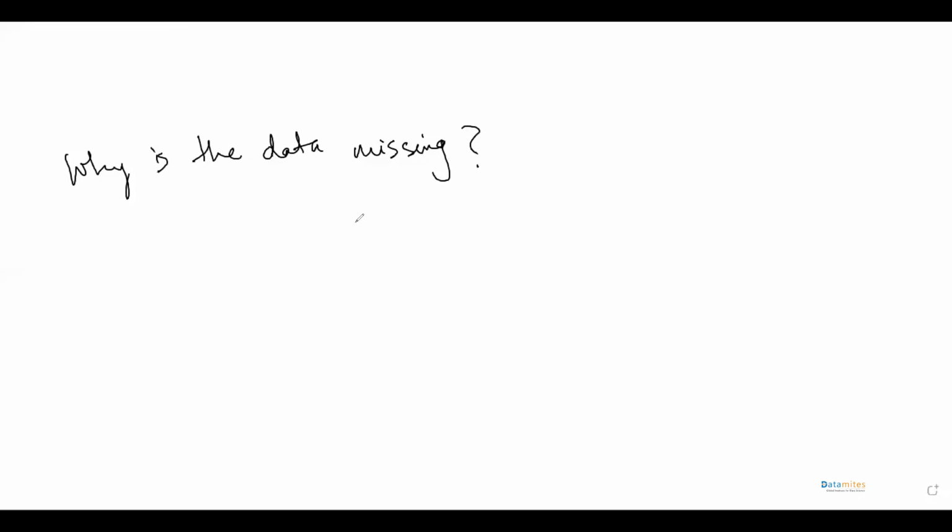It also allows us to take different steps to regulate that source and reduce the amount of missing data as the data collection progresses. So we'll understand the different types of missing data mechanisms.